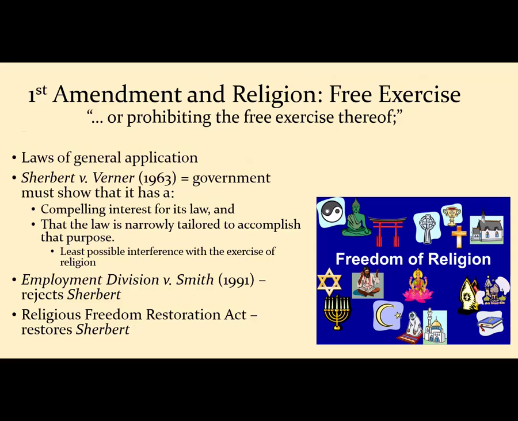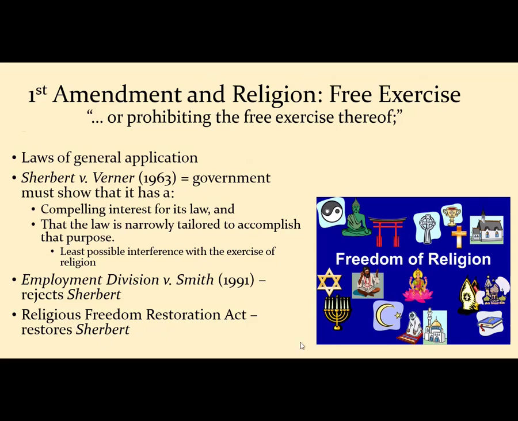However, this saga continues. Many state governments were also upset about the Smith decision, and states passed their own Religious Freedom Restoration Acts. And so, as it currently stands, in most states, particularly in the Southeast, they have a Religious Freedom Restoration Act, a version of that act of Congress that ultimately was invalidated.